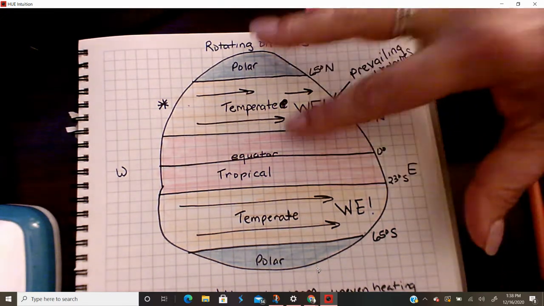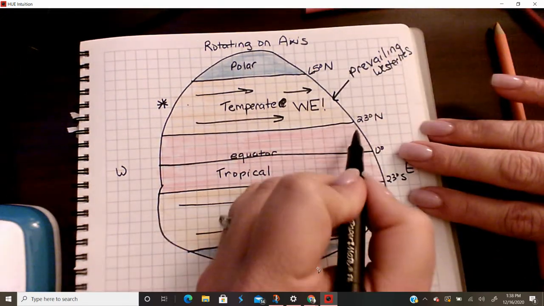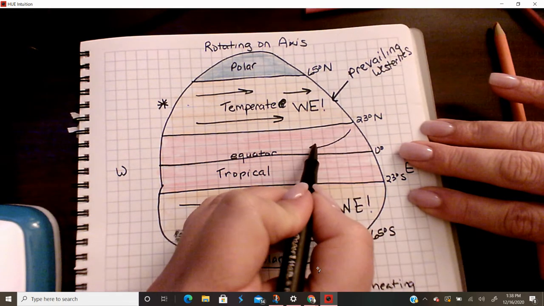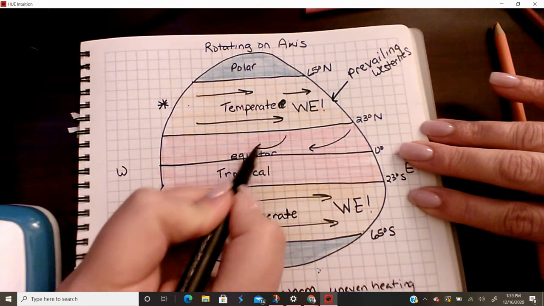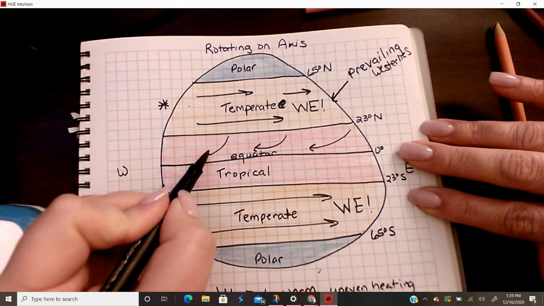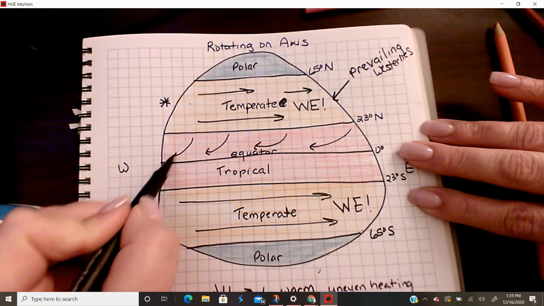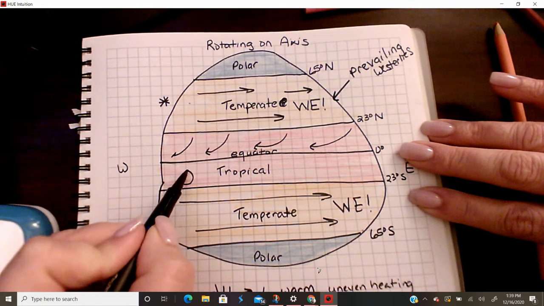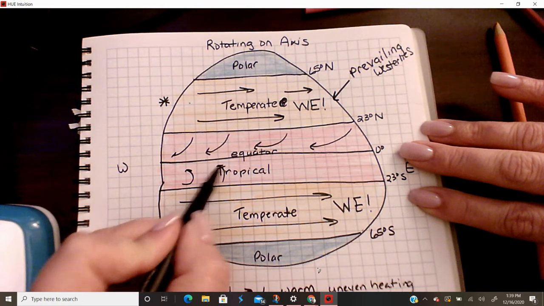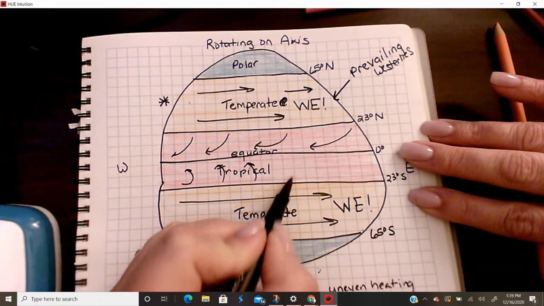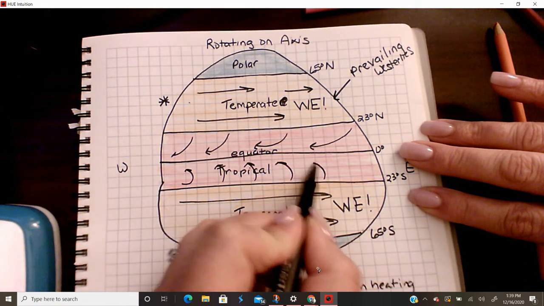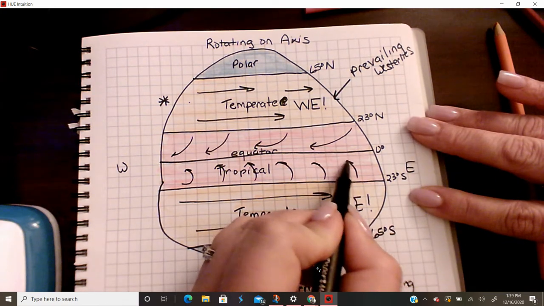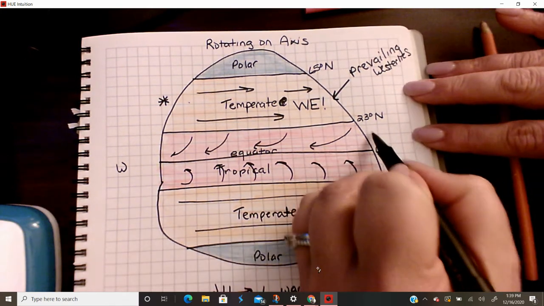And I say that the other winds, because at the tropics, you have east to west. And if you want to draw them in curly like they kind of actually are, you kind of curl like that. They go from east to west. And because you're never going to want to pick these winds, these are called the trade winds.